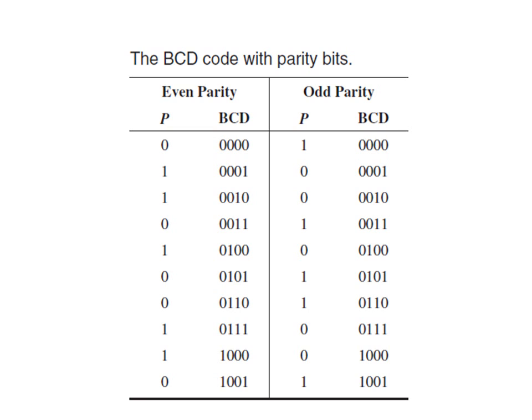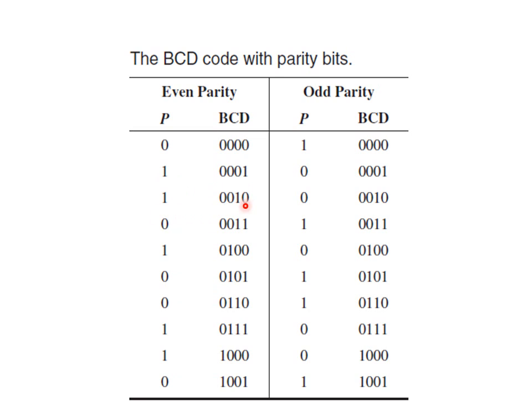Here there are even parity and odd parity bits. For example, 0000, this is a BCD number, and its even parity is 0. Similarly, 0001, that means 1, its even parity is 1, since the total number of ones must be even; if 1 is added, then it has an even number of ones.